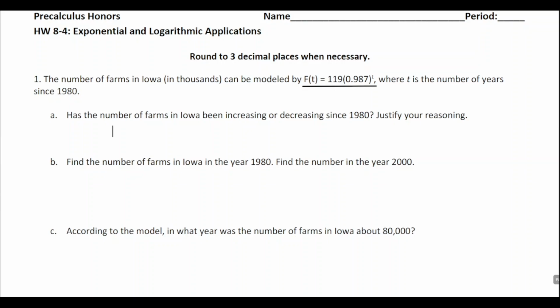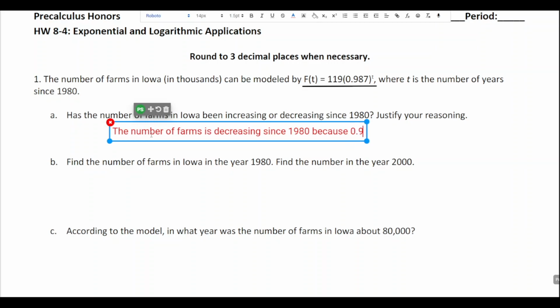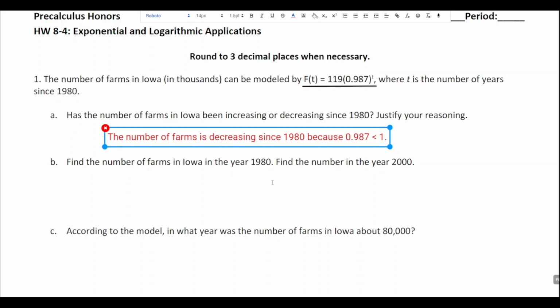So the way we probably want to word this is to say the number of farms is decreasing since 1980 because 0.987 is less than 1.